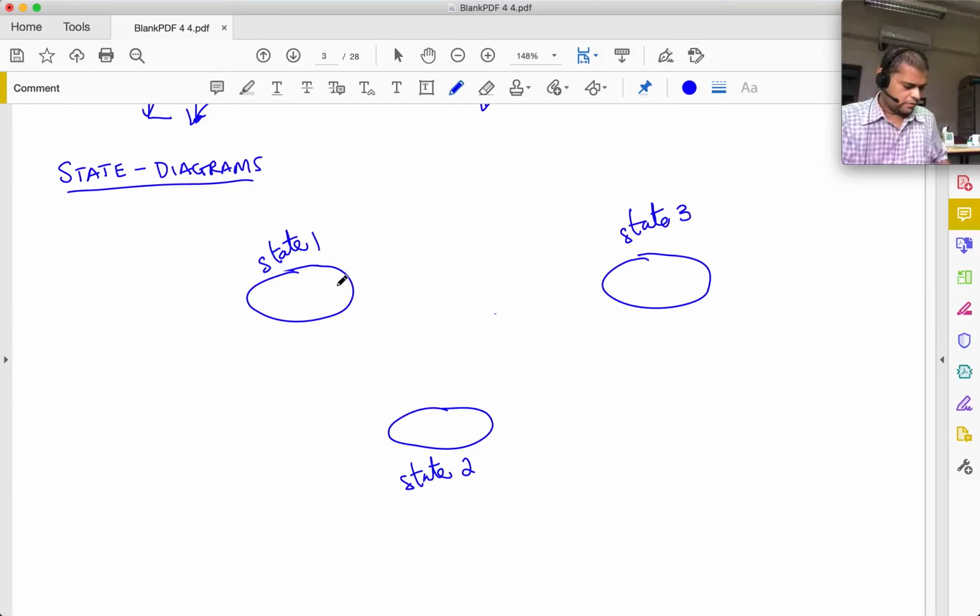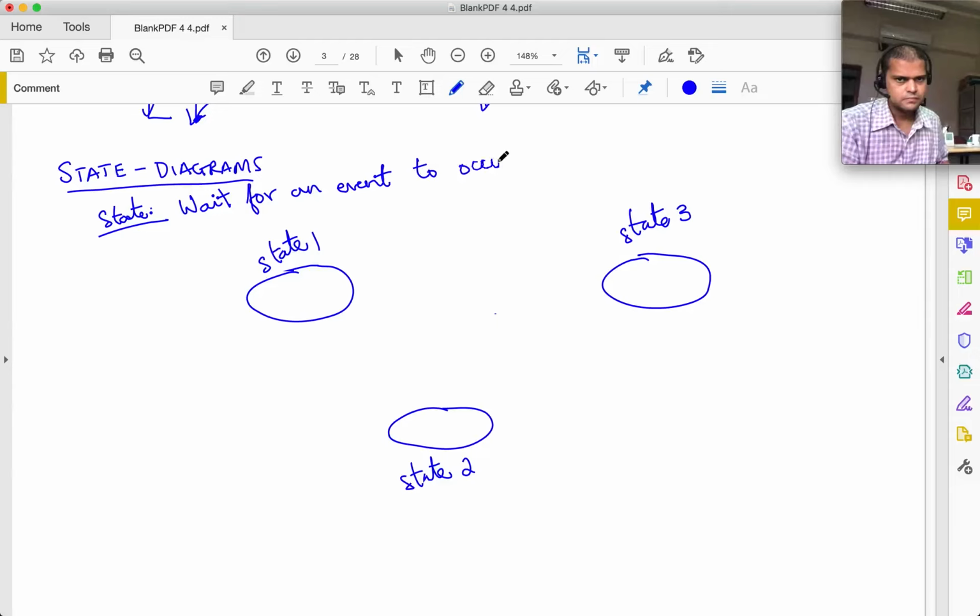And within a state, we are waiting for an event to occur. And when that event occurred, we will typically jump to another state.